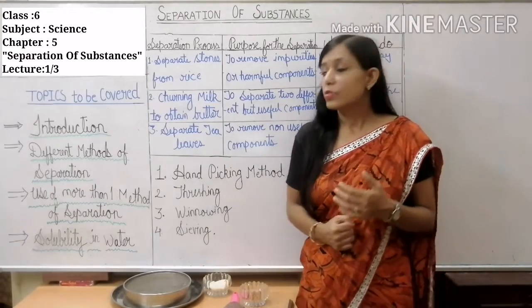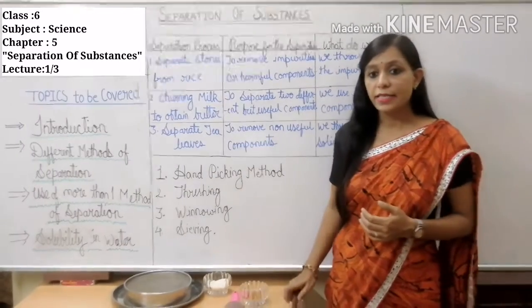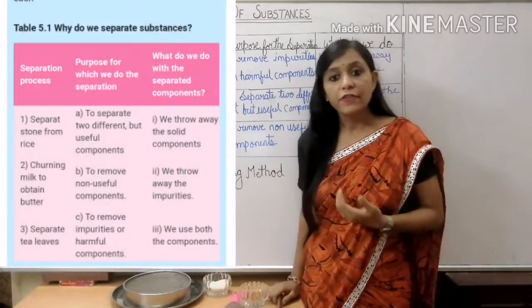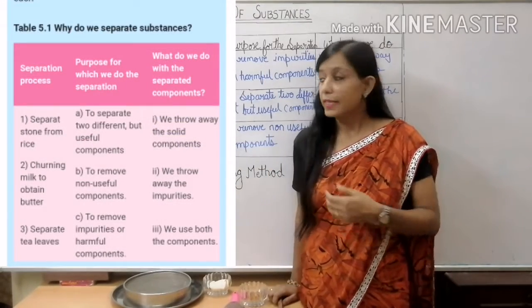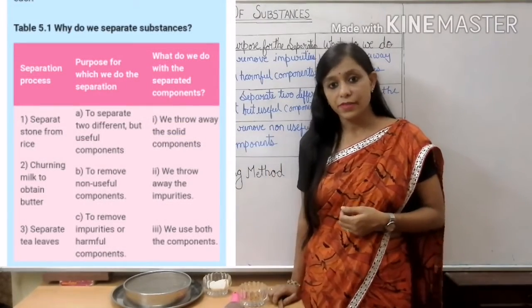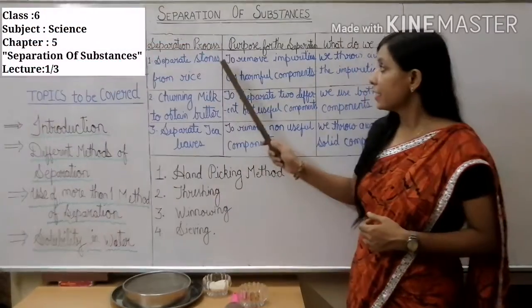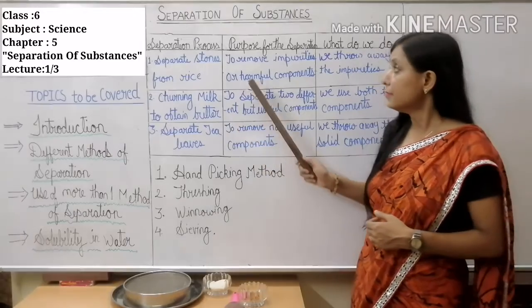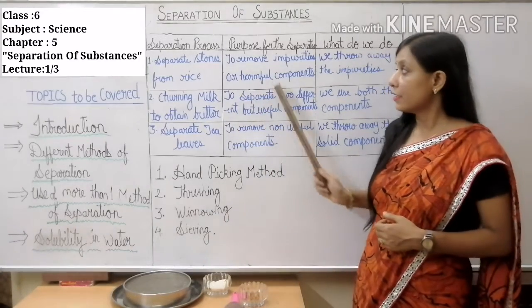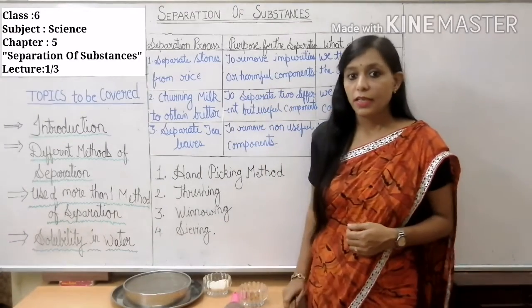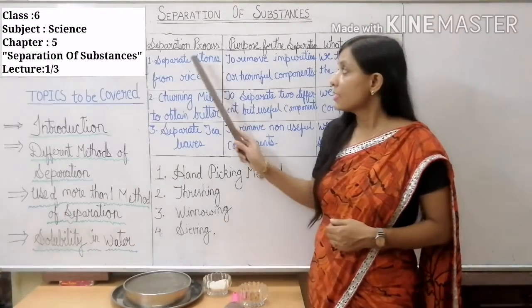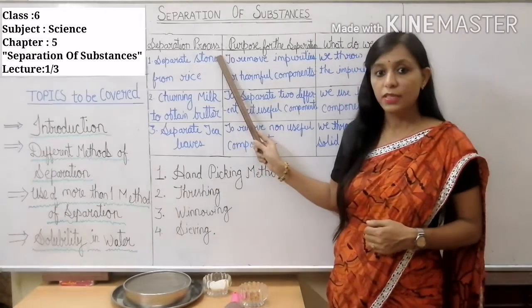Okay, so students, one activity is given in the book in the form of match the column, that is table 5.1, why do we separate substances? I have already matched it, and I have written here that there are three columns. First is the separation process.